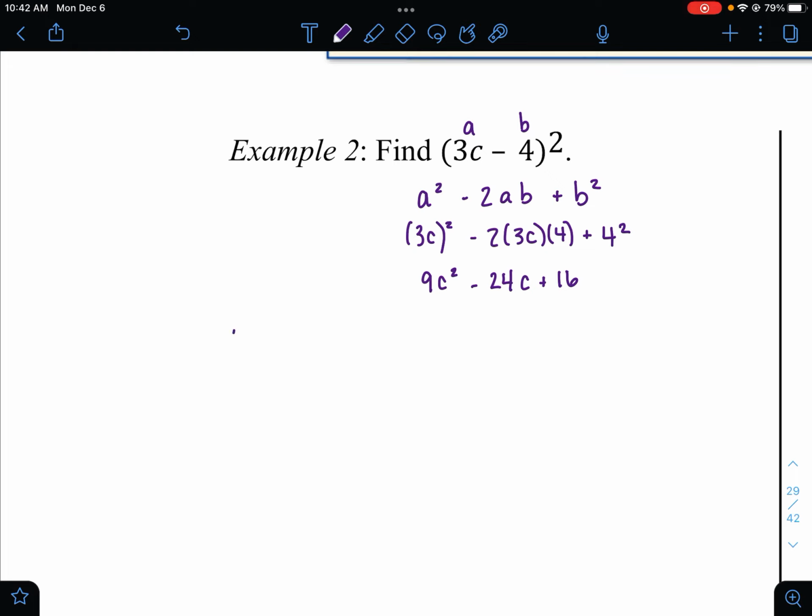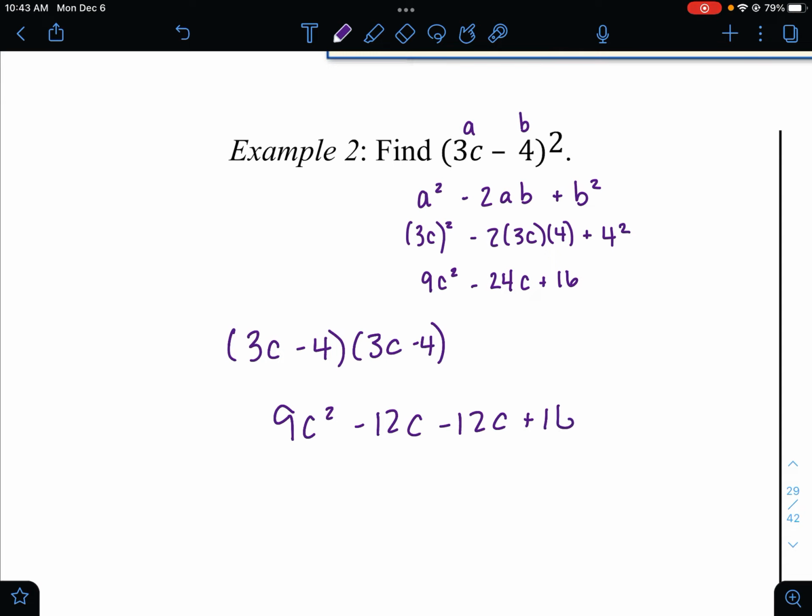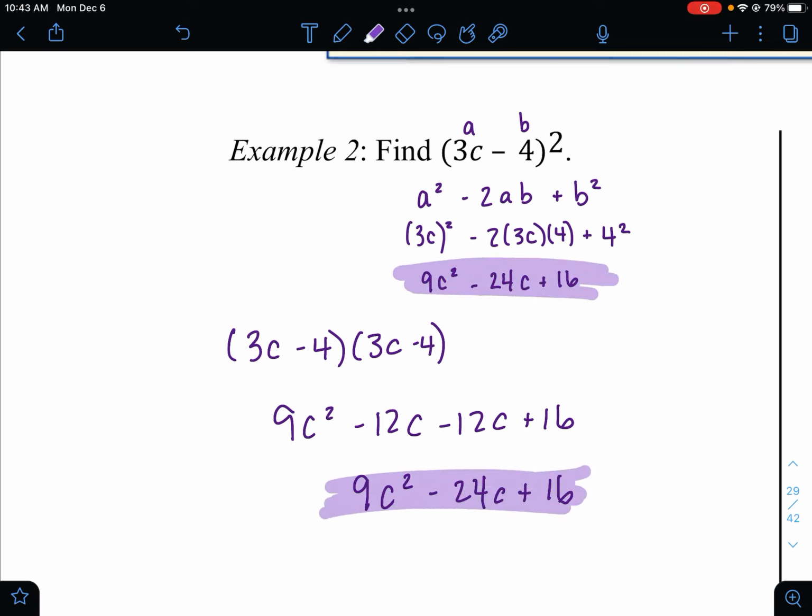I feel like that's just as much work as if we would go through and FOIL them like normal. It's when you get into Algebra 2 and you're learning different ones with larger numbers and you're doing the sum and difference of cubes. That's where this really starts to save you some time. So if you notice there, we got the same answer, regardless.